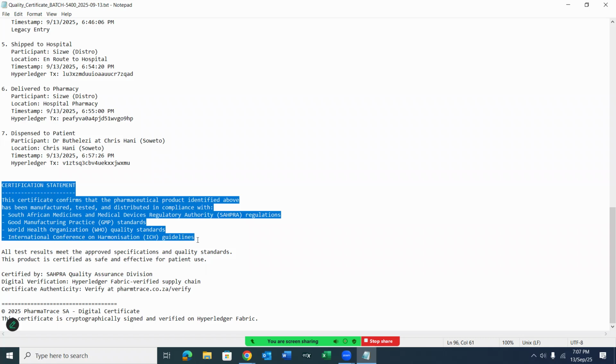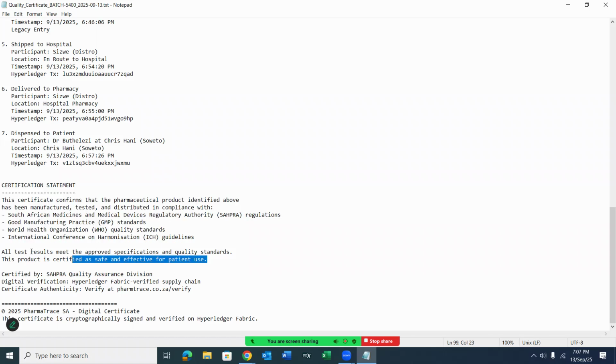The World Health Organization quality standards were also followed. International Conference on Harmonization Guidelines. Then all test results meet the approved specifications and quality standards. This product is certified as safe and effective for patient use, which shows that it is safe, meaning that SIPO can also trust the product. SIPO can trust the system. Certified by SAPRA Quality Assurance Division, Digital Verification, Hyperledger Fabric Verified Supply Chain.